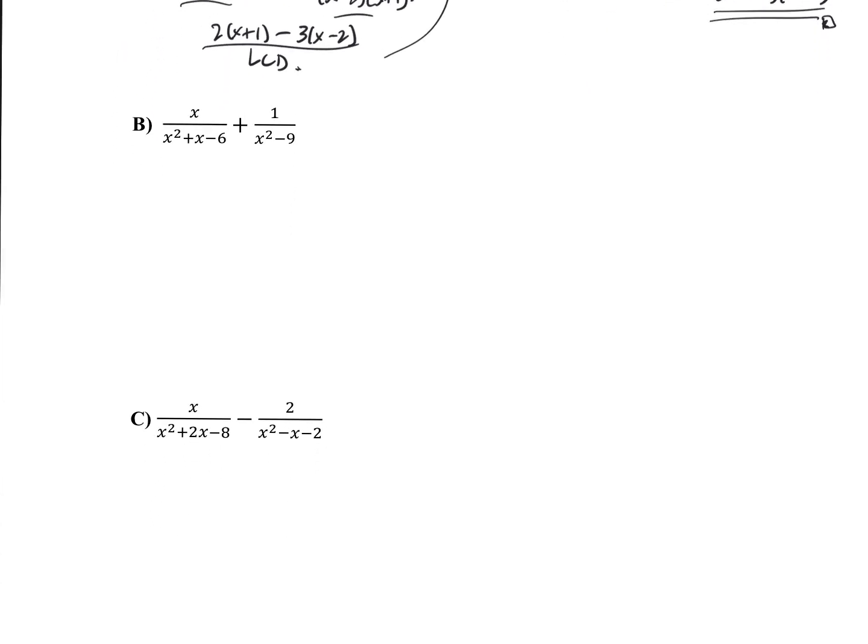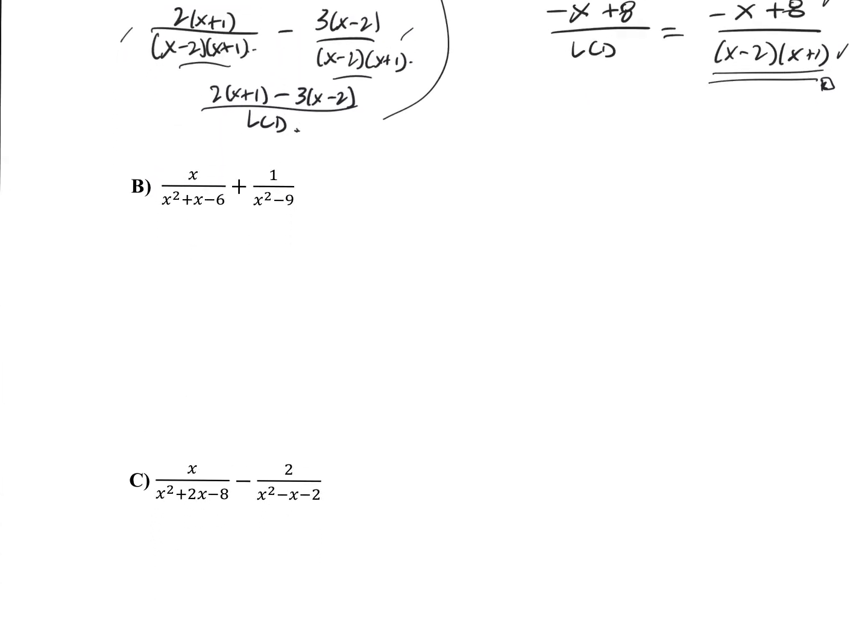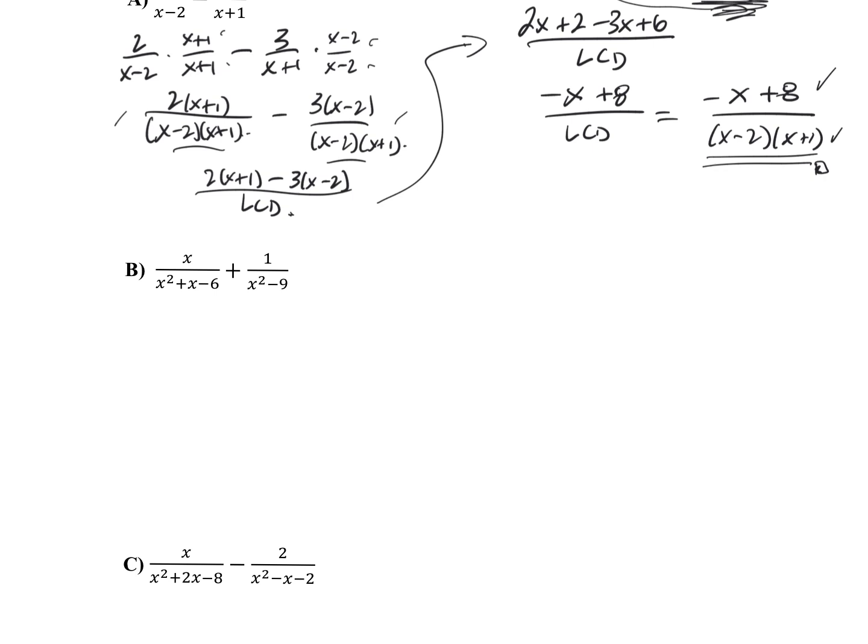For the second one, it's a little more challenging because when I look at it, my denominators are different and they're a little more complicated. So factoring, I believe this factors as x plus 3, x minus 2, and then we're adding, we've got the difference of squares here, x minus 3, x plus 3.